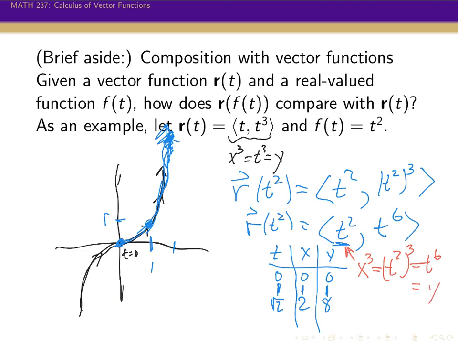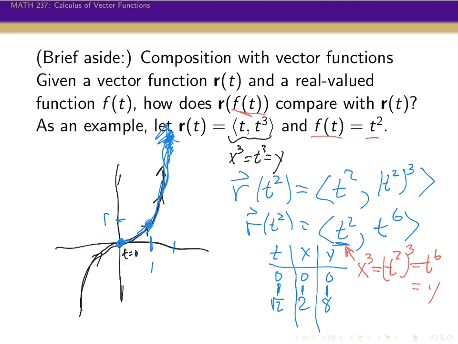So this still has the basic geometry that all of the y components here are just the x components cubed. And since this curve is the curve of all those points, I'm still going to land on those points. So what has this composition done? What has plugging f of t in here done?